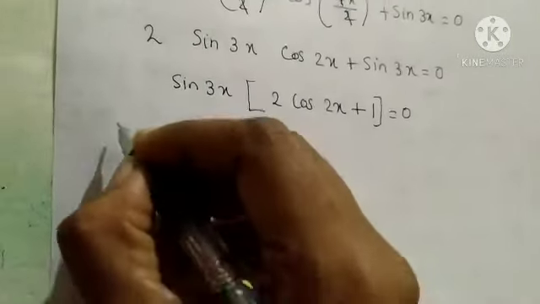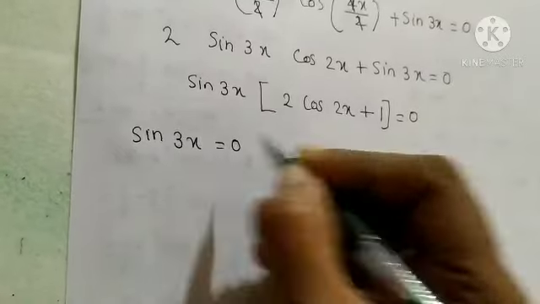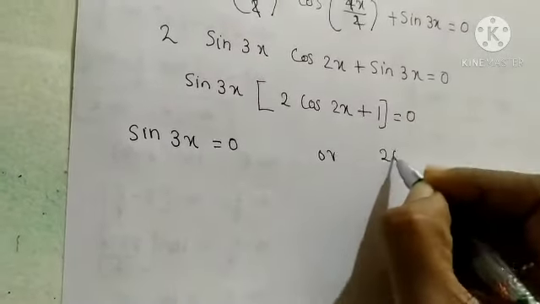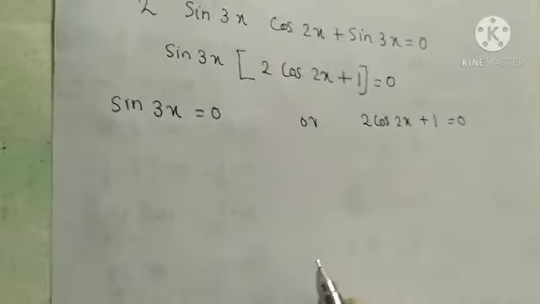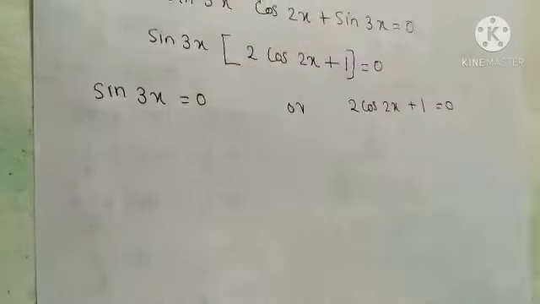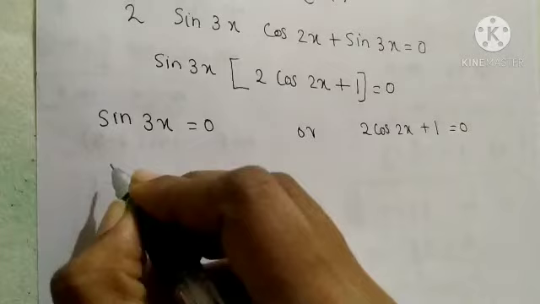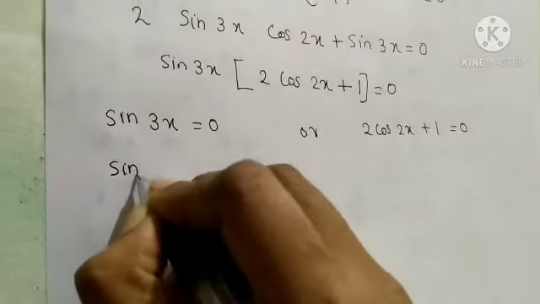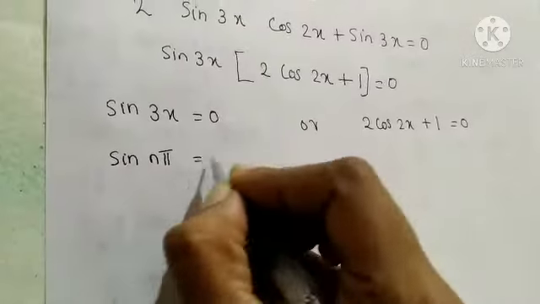From this we can write it as either sin 3x equal to 0 or 2 cos 2x plus 1 equal to 0. Next we need to find the general solution of sin 3x and 2 cos 2x plus 1 separately. We know that sin n pi is equal to 0.